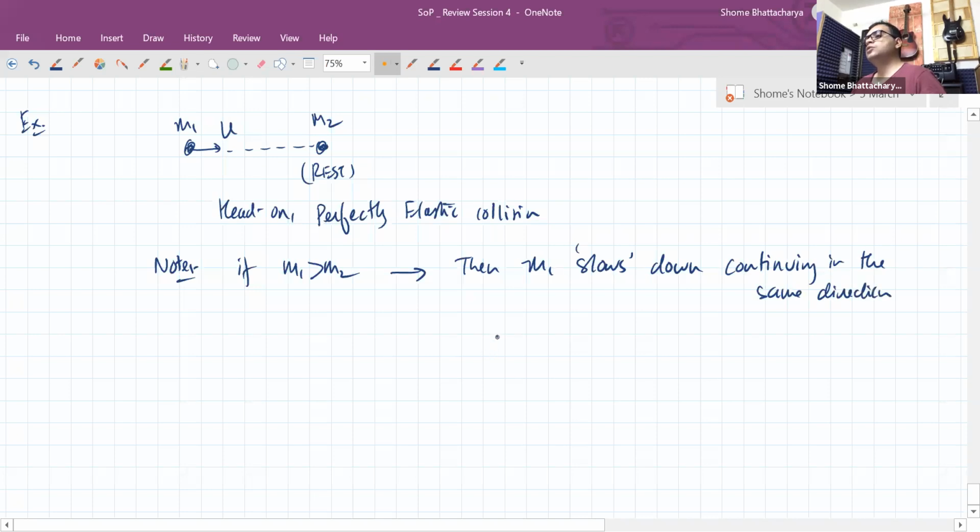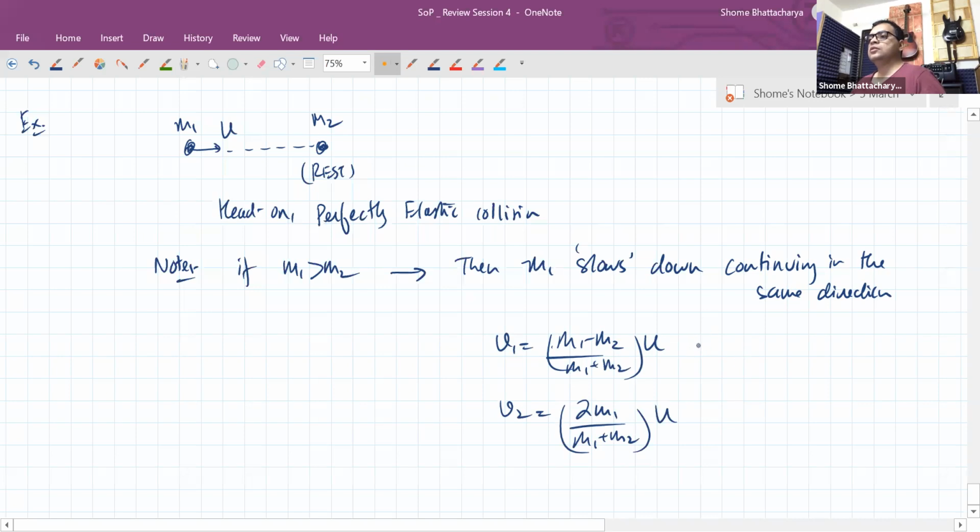Okay, because by formula you can see that v1 is (m1 minus m2) upon (m1 plus m2) into u, and v2 is 2m1 upon (m1 plus m2) into u.